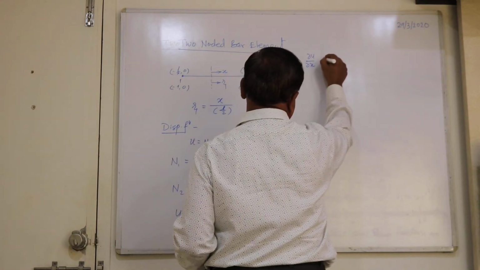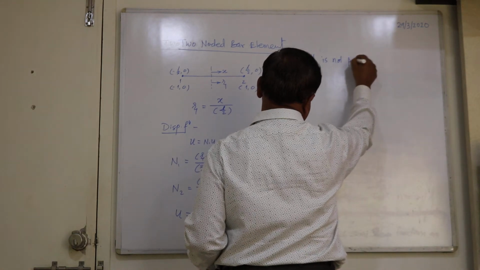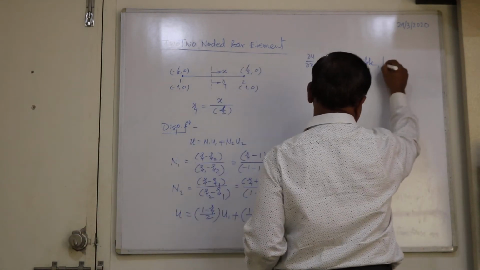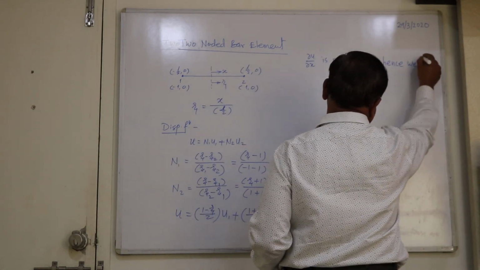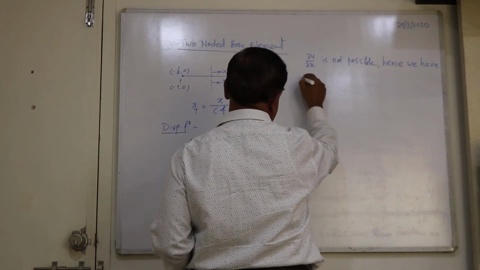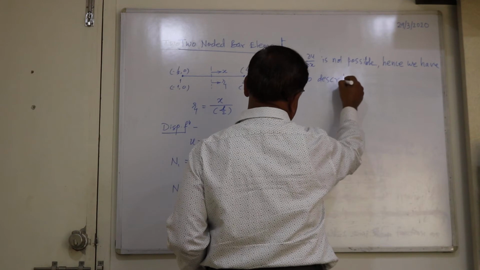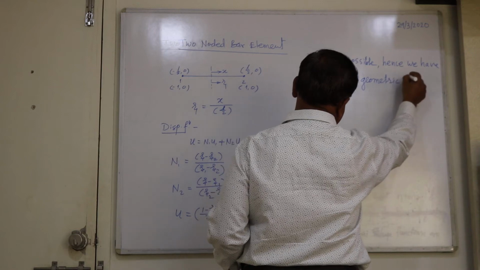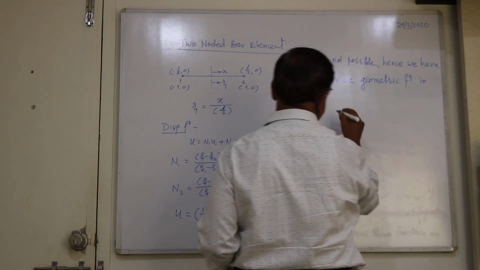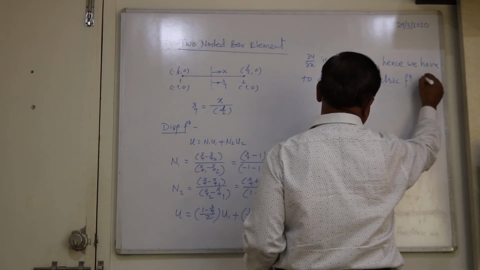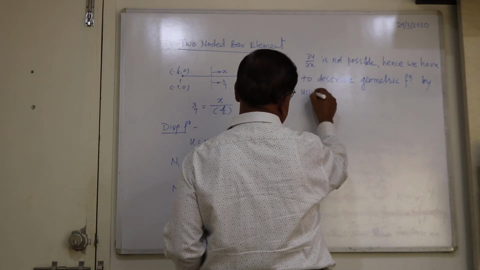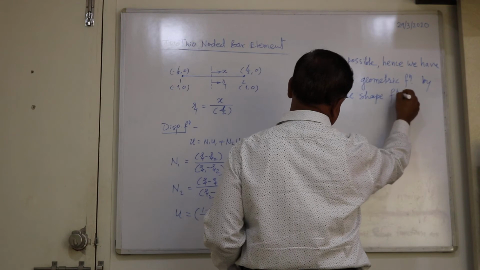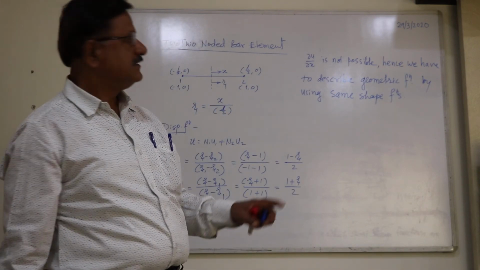So here dU by dx is not possible. Hence we have to describe the geometric function by using the same shape functions.